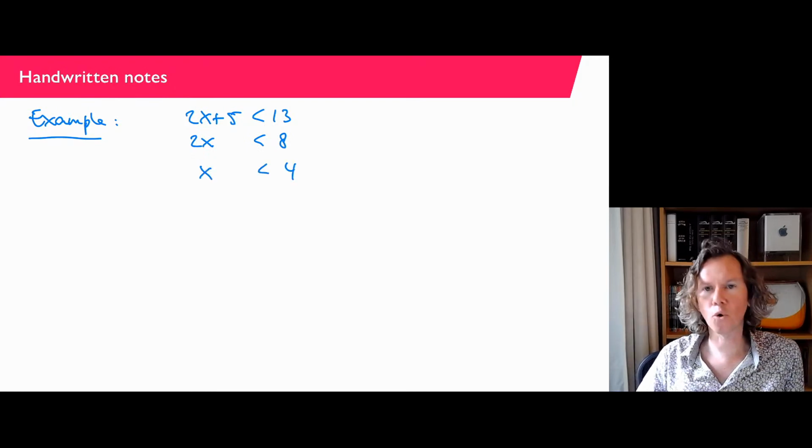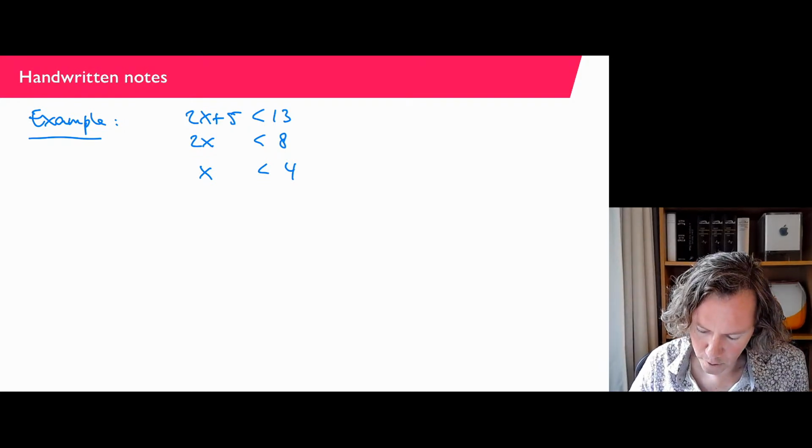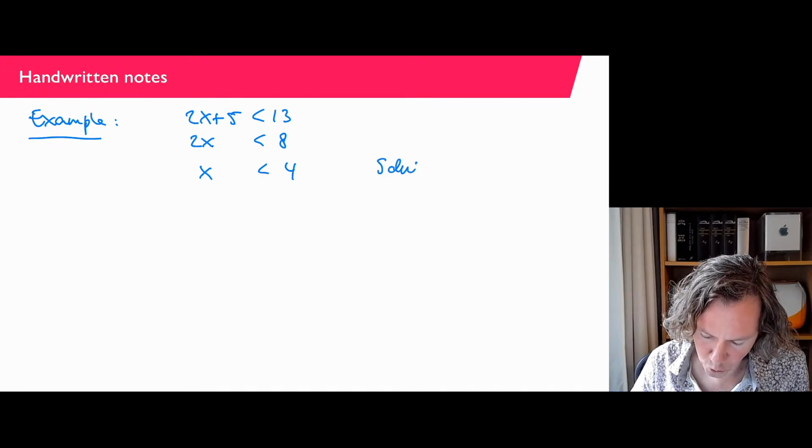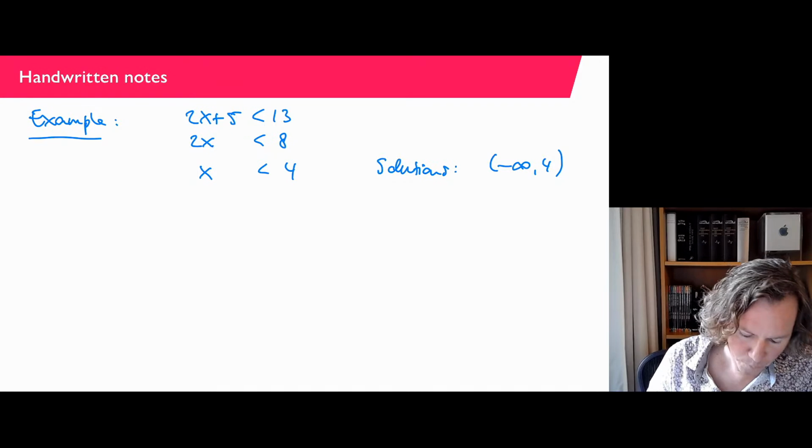And you see that all x's that satisfy this are x less than 4. So solutions, if you want to write them as an interval, are minus infinity up to 4. So those are all the x values that satisfy this inequality. Let's do one more.